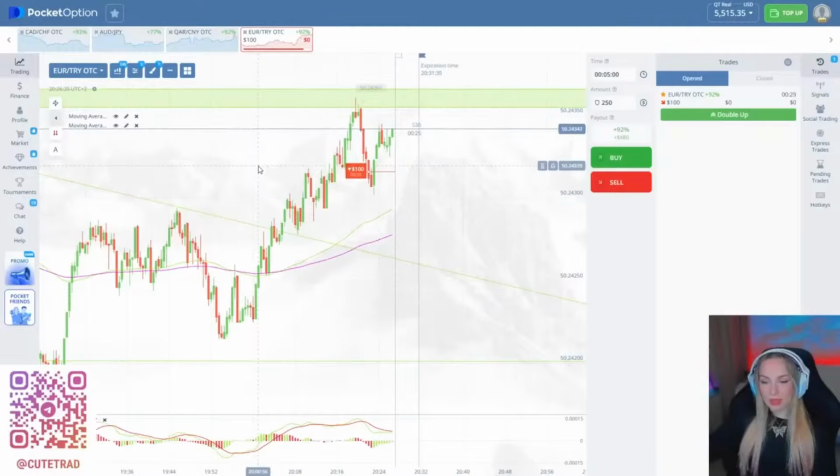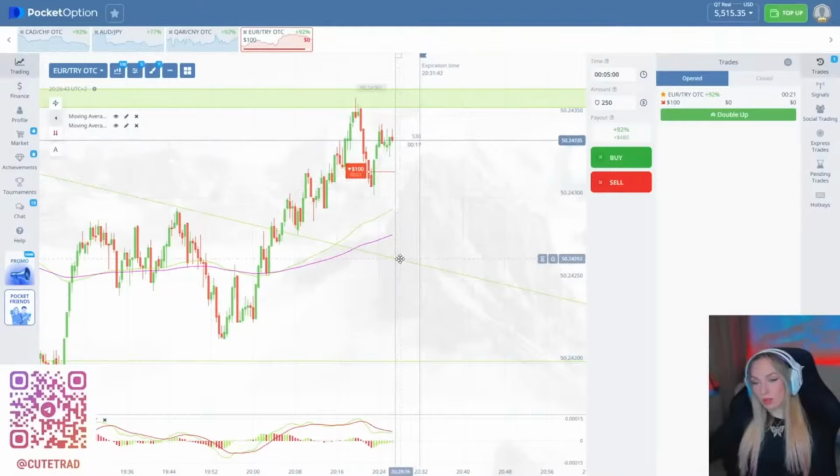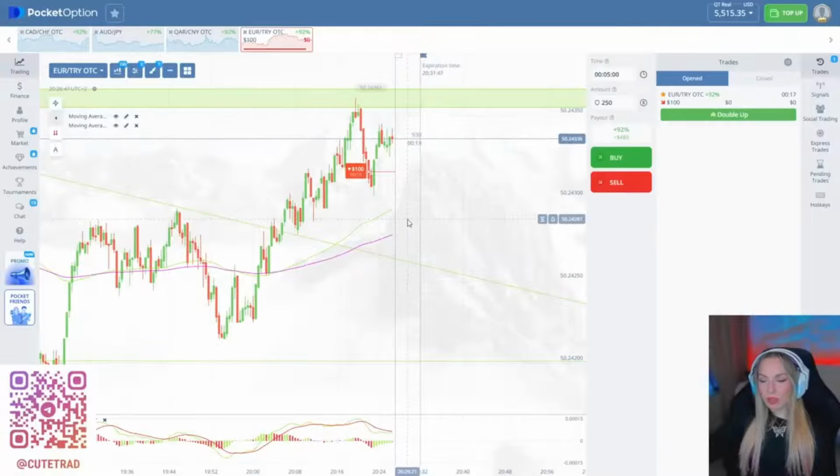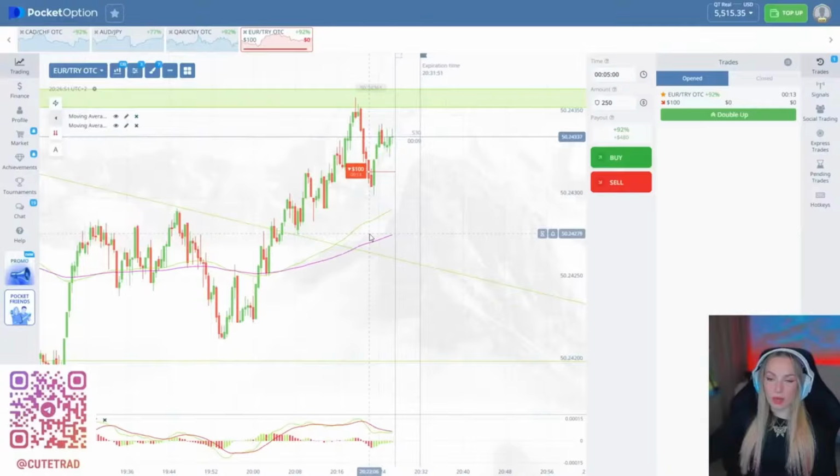Probably here we needed to open the trade for 10 minutes in the downward direction. I would love to enter here again, guys, to tell the truth. I'm sure that this one is gonna go down, we just needed a little bit more time. Like, look, it got stuck right there.